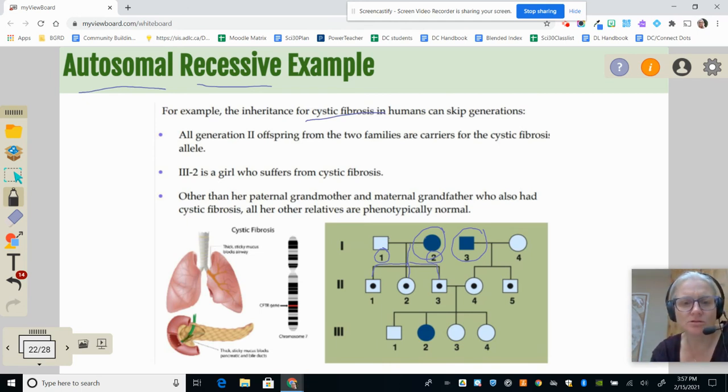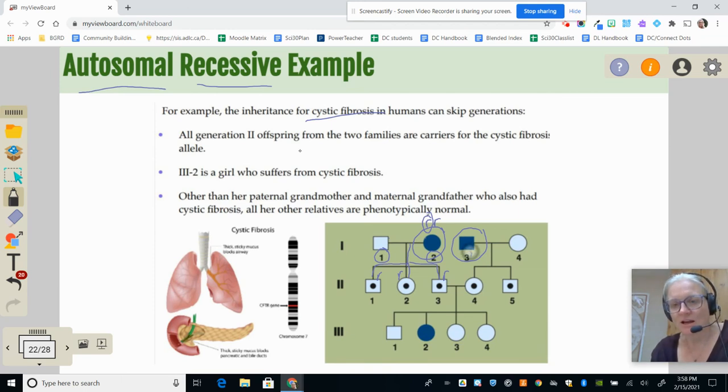Let's just use a little r here, because it's recessive. This mother would be passing on that recessive gene to each one of her offspring, so they're all carriers now.